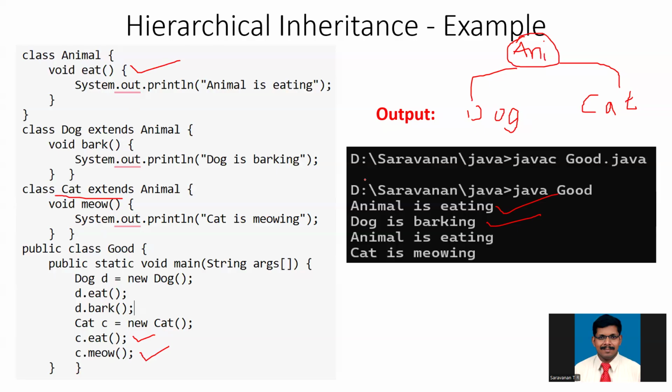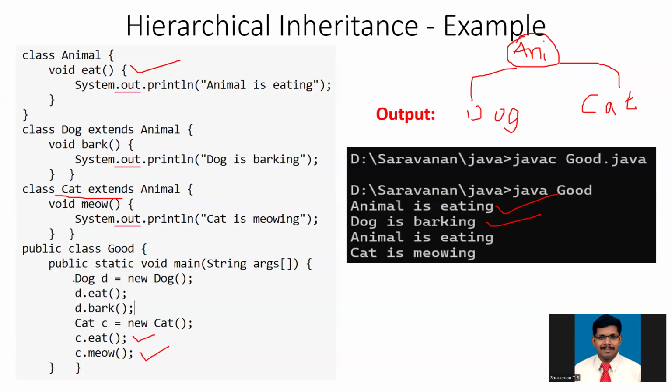Now, another important interview question is: what is the difference between object creation and inheritance? Because we create objects and we also create inheritance. Inheritance can be achieved using the extends keyword, while object creation can be achieved using new.